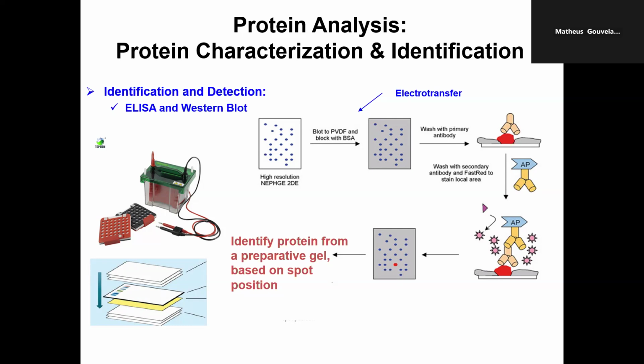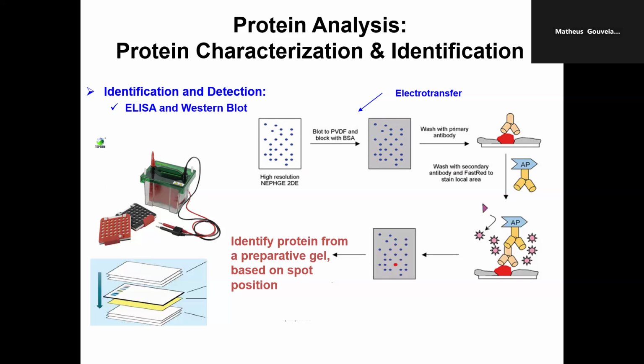Again, what you do is you run a gel, because you run your sample in 2 dimensions to purify as much as you can. And then, because the gel is so easy to break, you cannot incubate it with the different reagents.